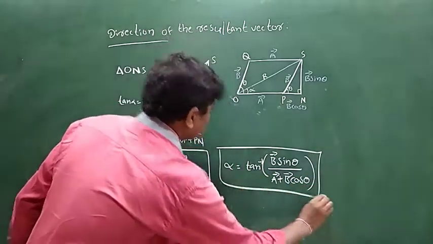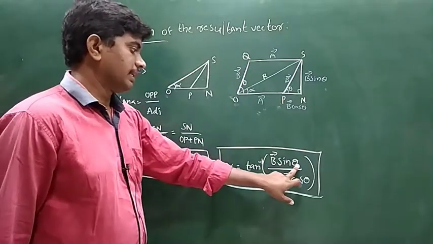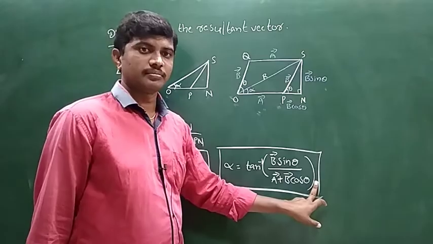This is the direction of the resultant vector. Alpha is equal to tan inverse of B sin theta by A plus B cos theta.